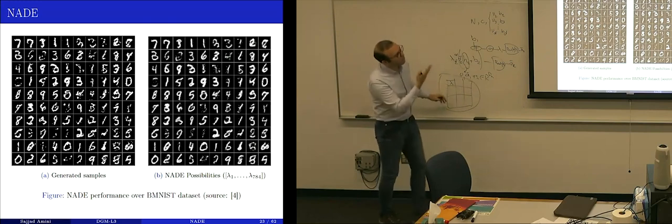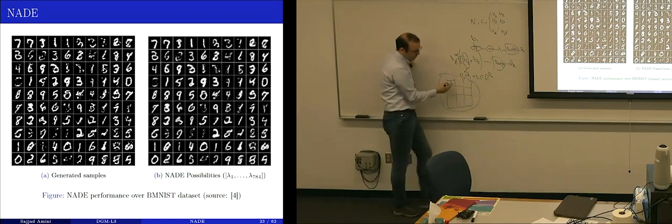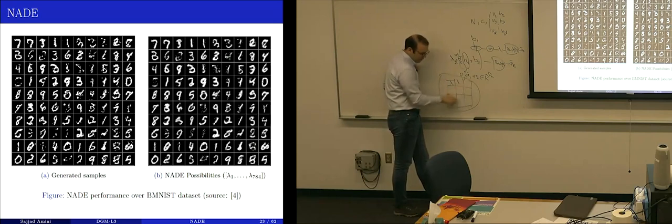Assume that if it is 1, it is white, and if it is 0, it is black. Assume that I scan it in this way, lambda 2, lambda 3, until lambda 9. Instead of the generated sample itself, if I look at this image, how is this image?